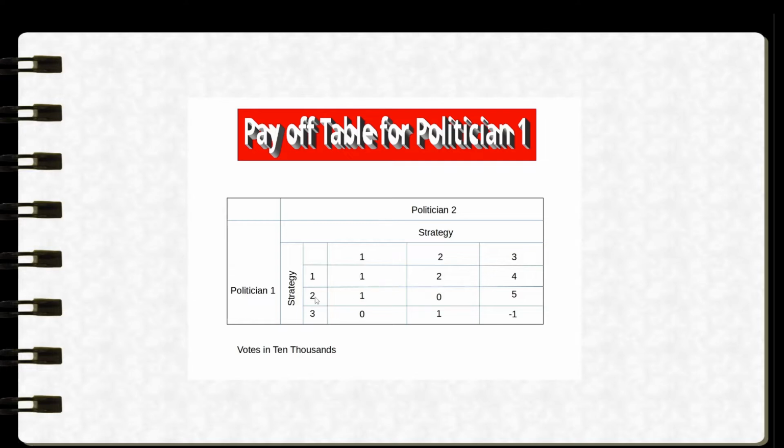Now let's say if politician 1 takes strategy 2 and politician 2 also takes strategy 2, nobody gains anything. And if politician 1 takes strategy 3 and politician 2 also takes strategy 3, politician 1 loses 10,000 votes and these 10,000 votes go to politician 2.